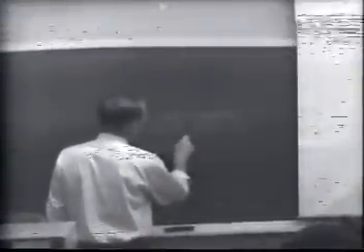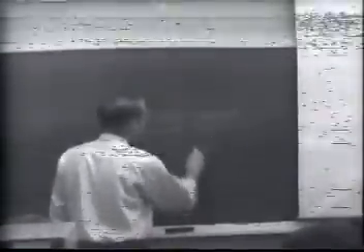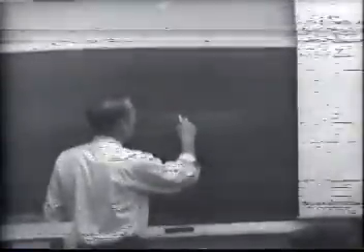Now, one of the ways we lengthen this arc is by the actual contact motion itself. If we have two contacts here, and they tend to make relative motion in that direction, we can see that initially we establish the arc, which is a column of hot gases between there.